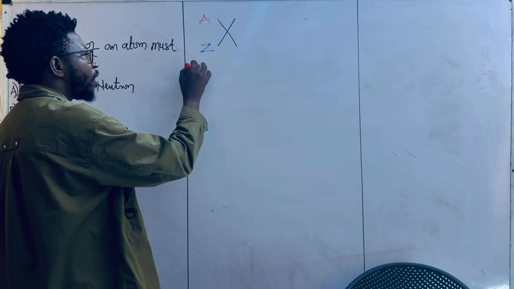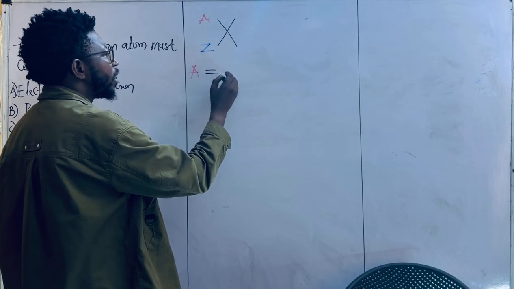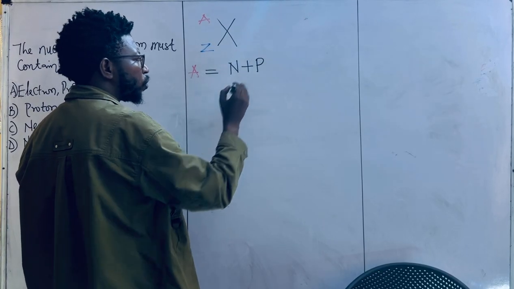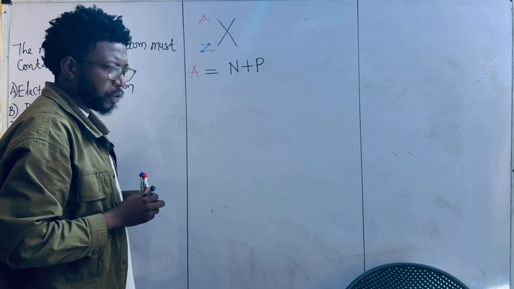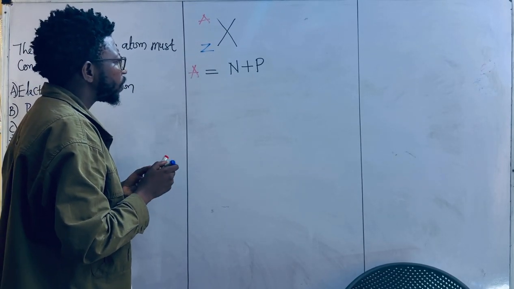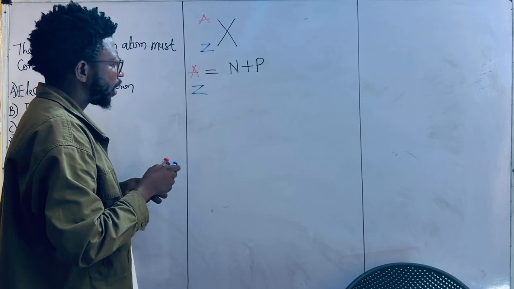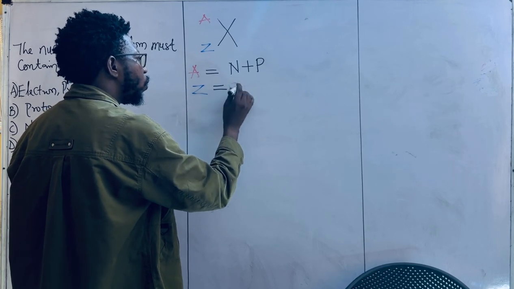Now, A, the atomic mass number, is the number of protons and neutrons in the nucleus. Z, which represents the atomic number, is the number of protons only.